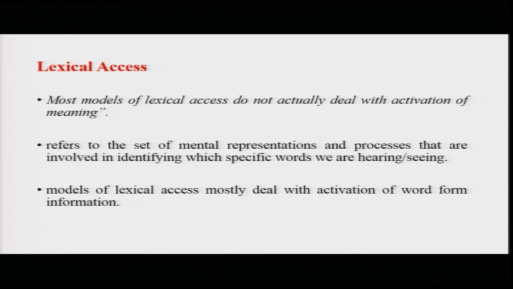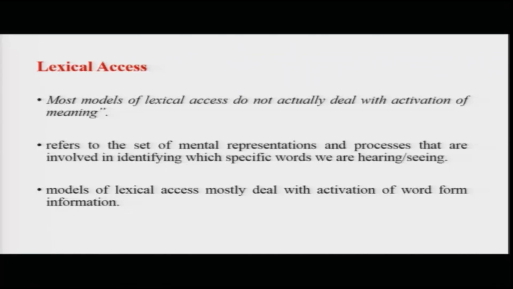The whole point of lexical access is the set of mental representations or mental processes involved in identifying which specific words you are going to read or see or hear, which form. For example, you are reading a particular word, you have to find a matching form in the brain. You are hearing a particular word, you have to find a matching form in the brain. After the form, the meaning part happens, and we have already talked about how that happens.